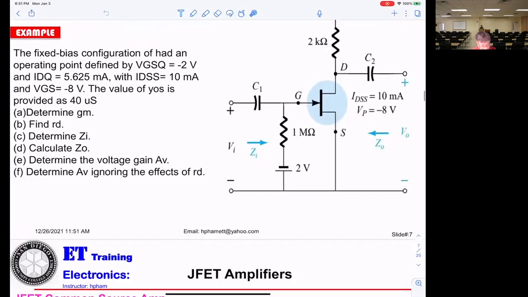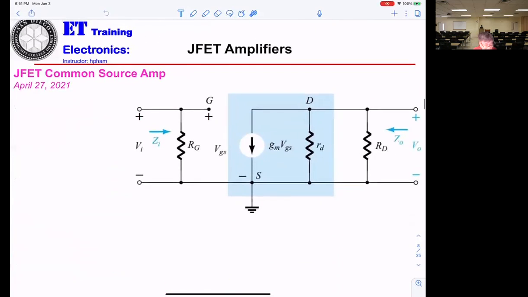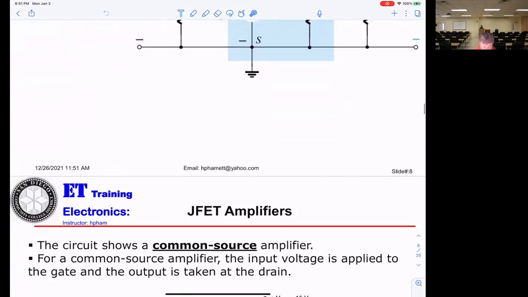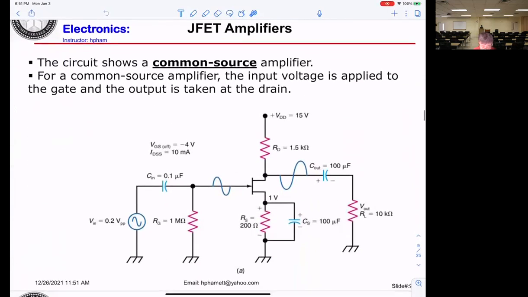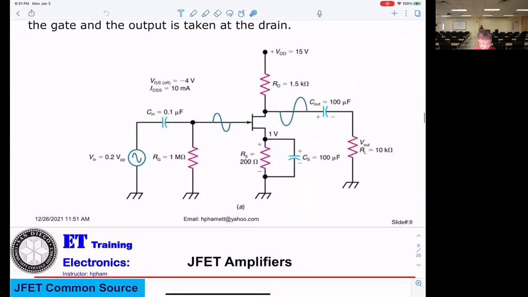So now, here, this one you get a load at the output. So the output impedance, you're looking in this way. You can see you get an RD parallel with RL. So the output impedance will be RD times RL divided by RD plus RL.